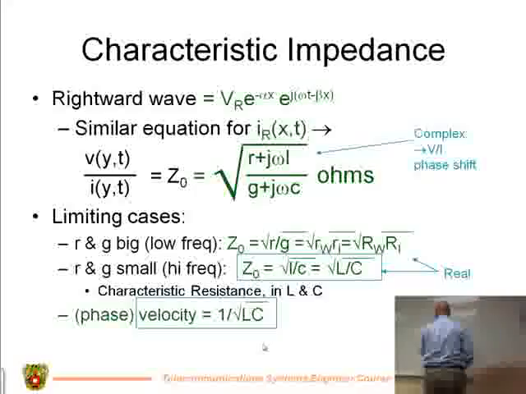The other way is a little more complicated. So now we've got 100, let's say at 2 gigahertz. Right? So 100 plus j, now 2 gigahertz is 2 times 10 to the 9th, times 1 Henry, over 100 plus j 2 times 10 to the 9th times 1 farad.